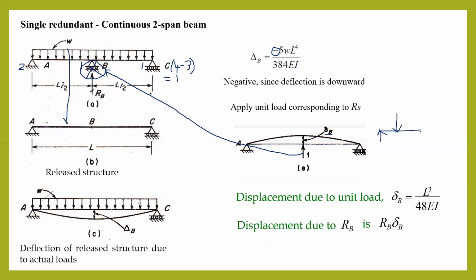The corresponding deflection will be WL cube by 48 EI, but W is equal to 1 because we have applied a unit load here. Actually there will be a reaction RB, so what will be the corresponding deformation due to RB? RB into delta B. That is the deformation here.